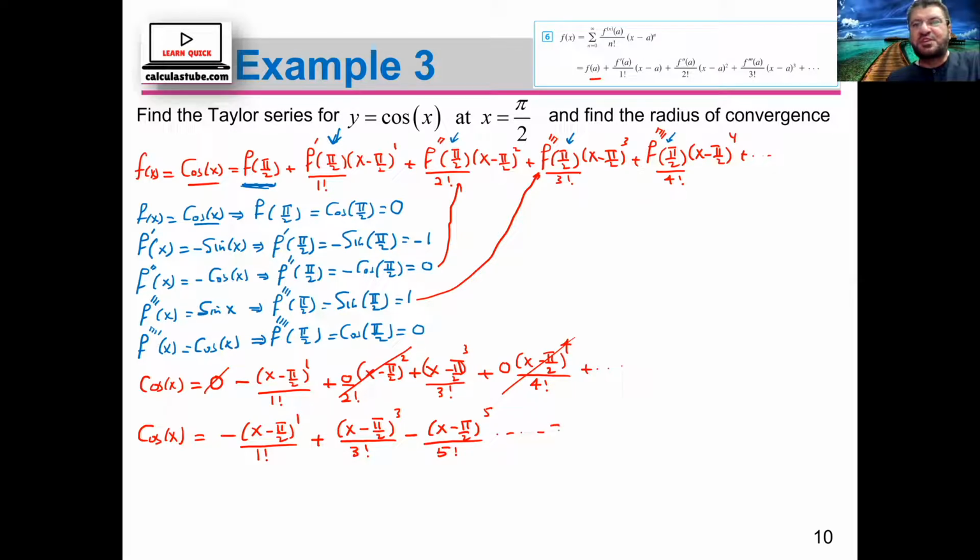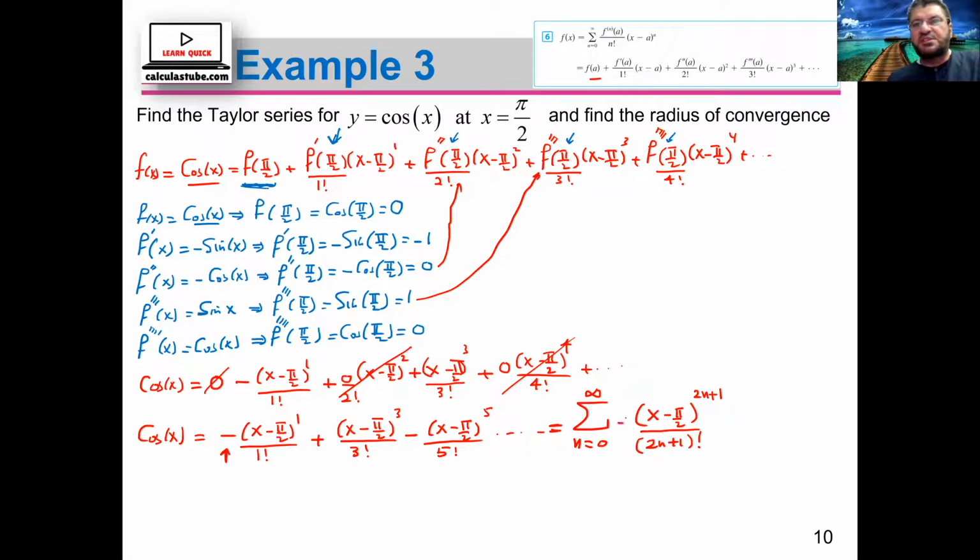So what's the presentation here, guys? Let's look at the presentation. What is this equal to? Look at the power, 1, 3, 5. So I can say this is x minus pi over 2 to the power 2n plus 1, since it's odd, over 2n plus 1 factorial. Now, of course, n always starts from 0 to infinity. Now let's look at the signs, guys. The first term is negative.